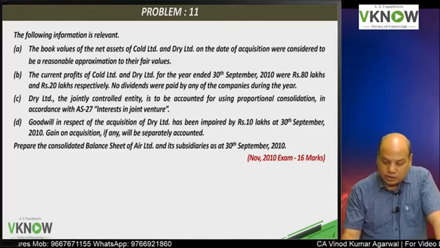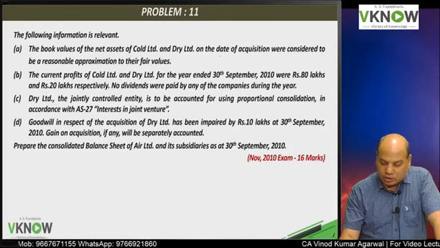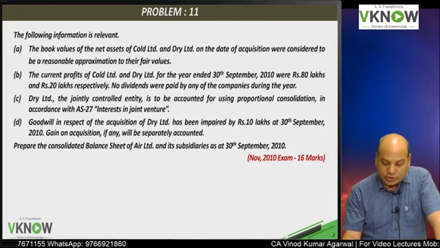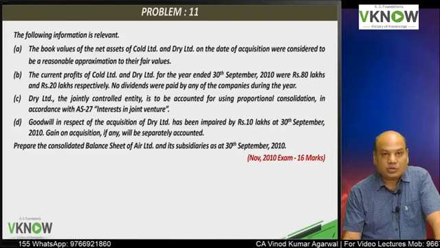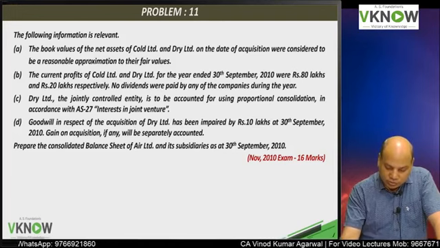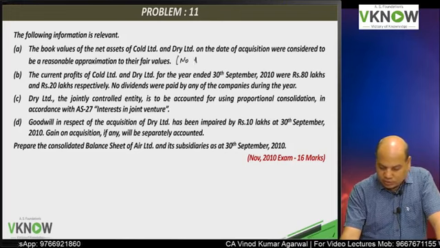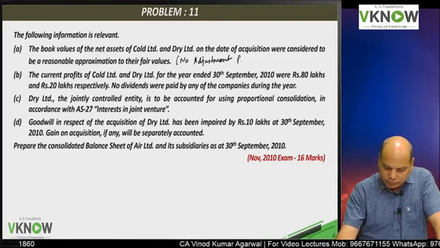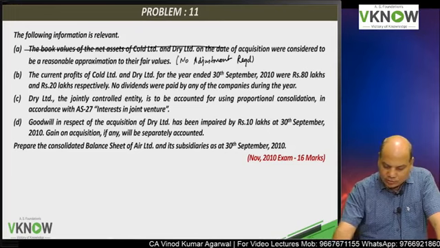The following information is relevant. The book value of the net asset of Dry and Cold Limited on the date of acquisition were considered to be a reasonable approximation to their fair value. So right here, no adjustment required. This is just given for information. Point number A is given for time pass.